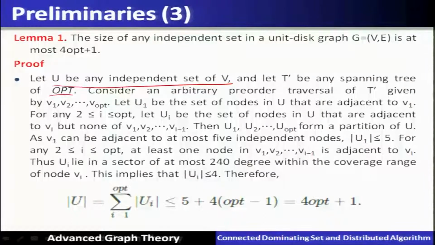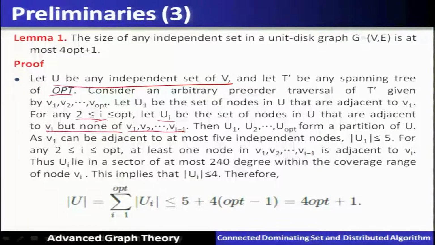Let U1 be the set of nodes in U that are adjacent to V1. For any node i which is more than 2 but at most opt, let Ui be the set of nodes in U that are adjacent to Vi, but none of the other nodes.